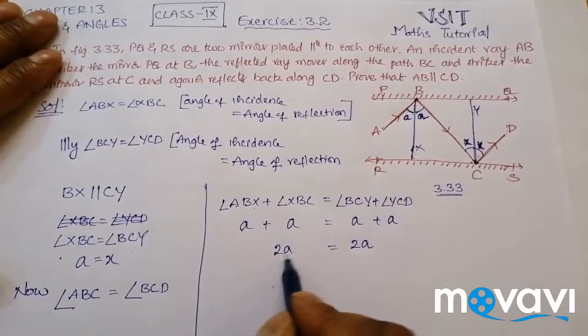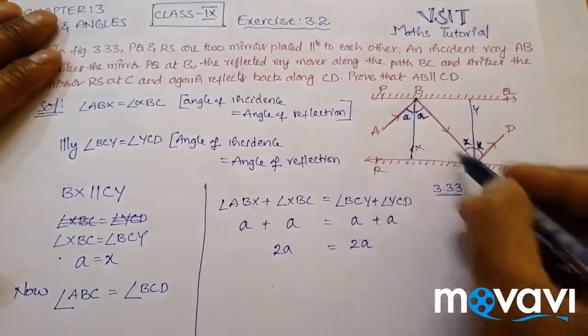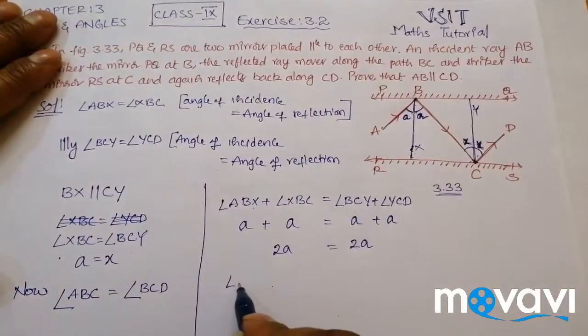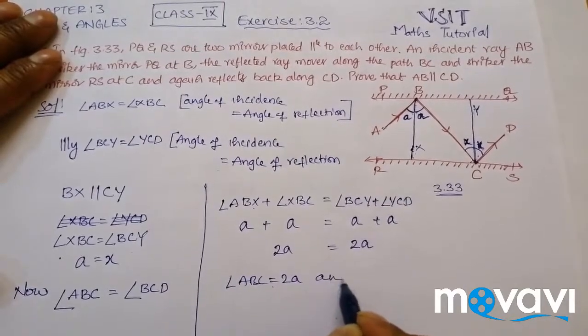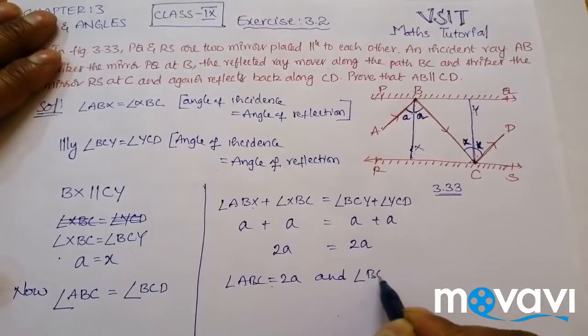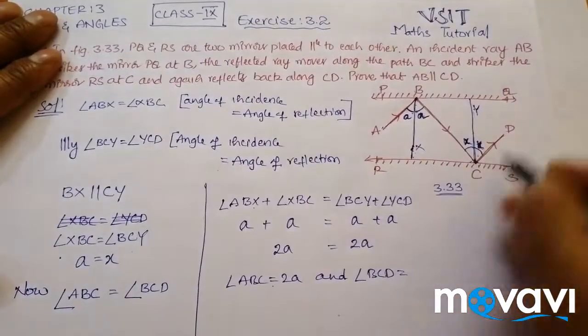So angle ABC is 2A, and angle BCD is also equal to 2A.